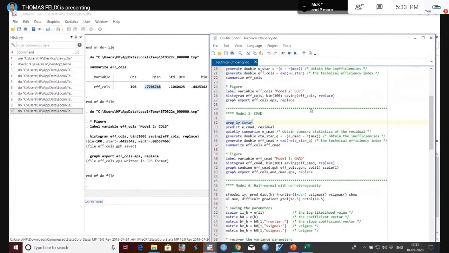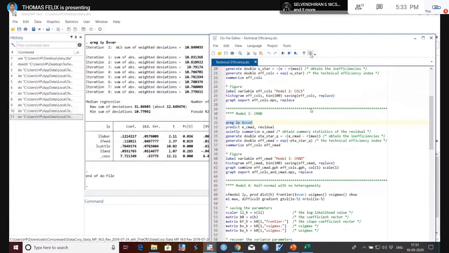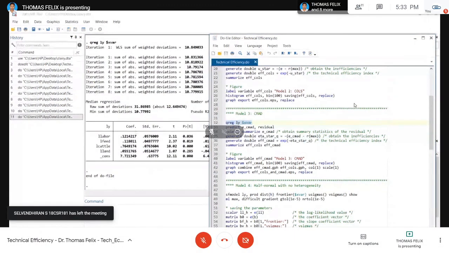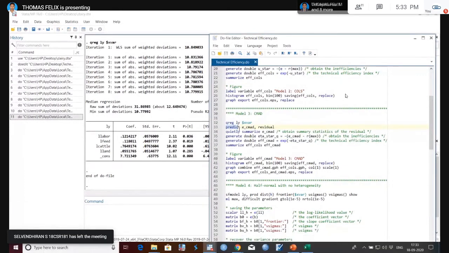I am using quantile regression, and based on it I am deriving the residuals. To predict the error, that is E, I use the predict command. I am naming it e_cmad, that is the error from the CMAD.